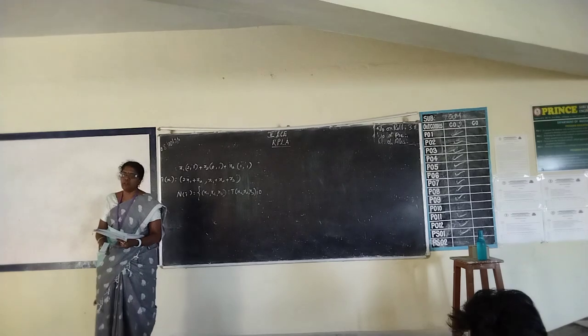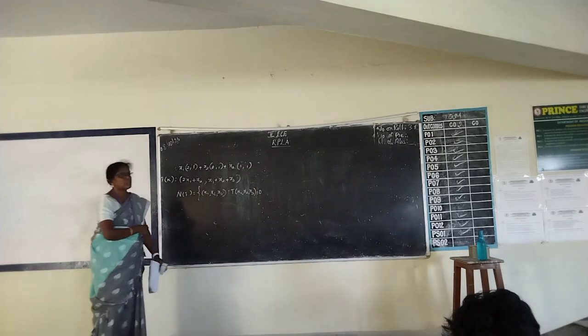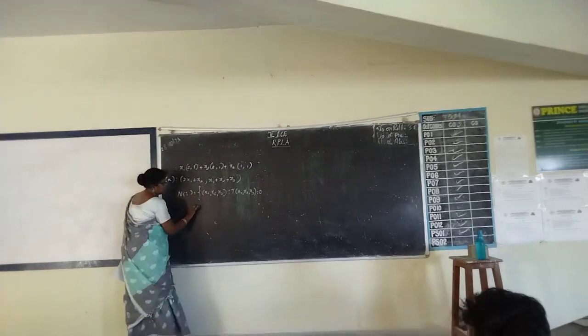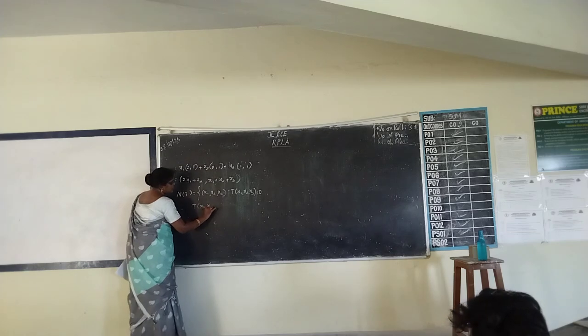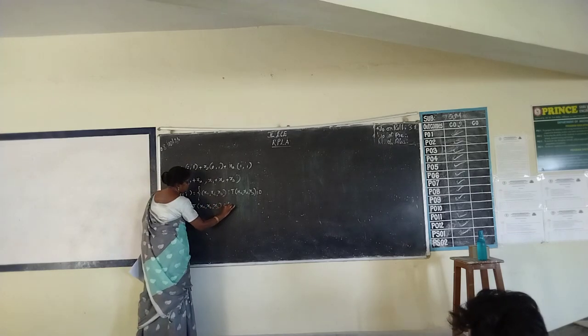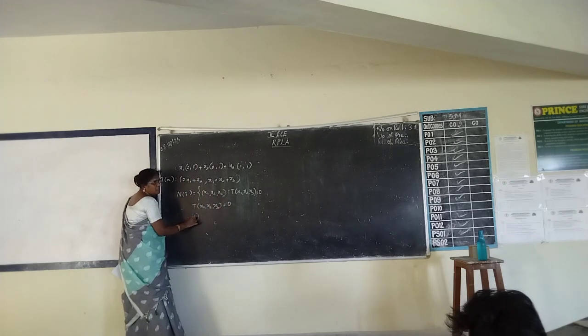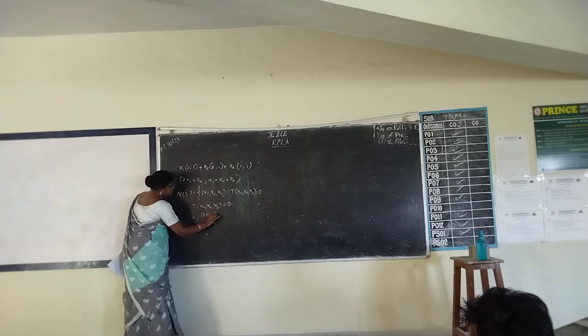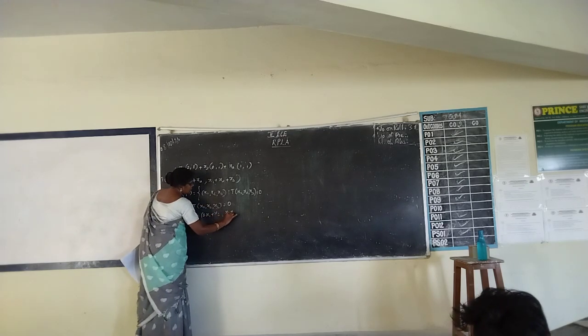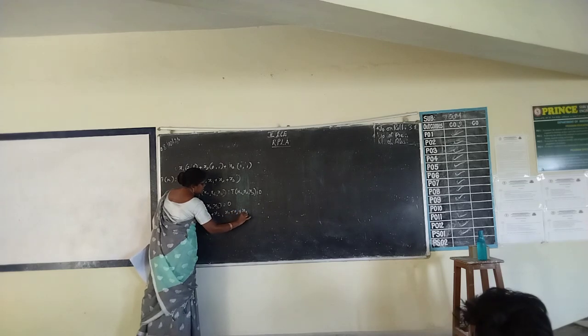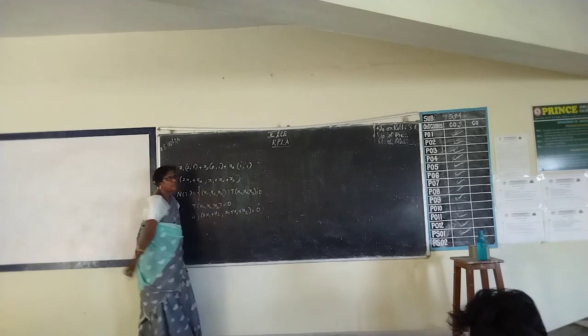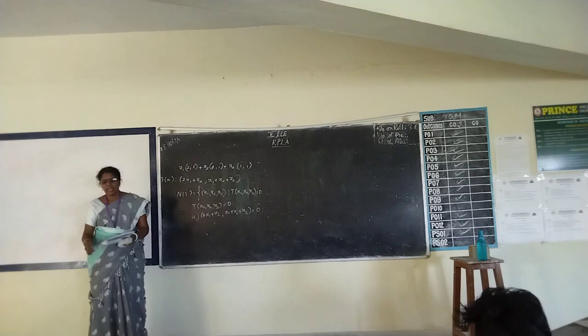So equal to 0. Tell me what is x1, x2, x3? T of (x1, x2, x3) should be 0. But what is the transformation? (2x1 plus x3, x1 plus x2 plus x3) should be equal to 0. Tell me the values.